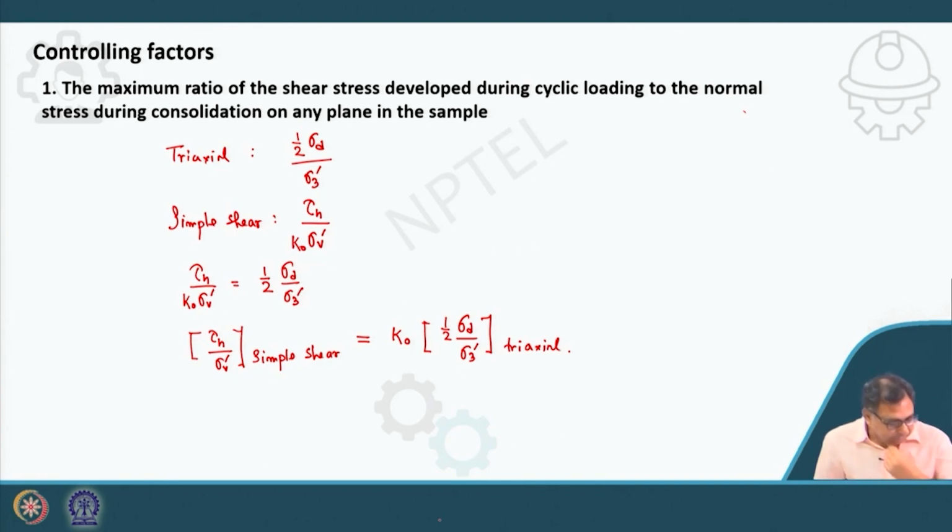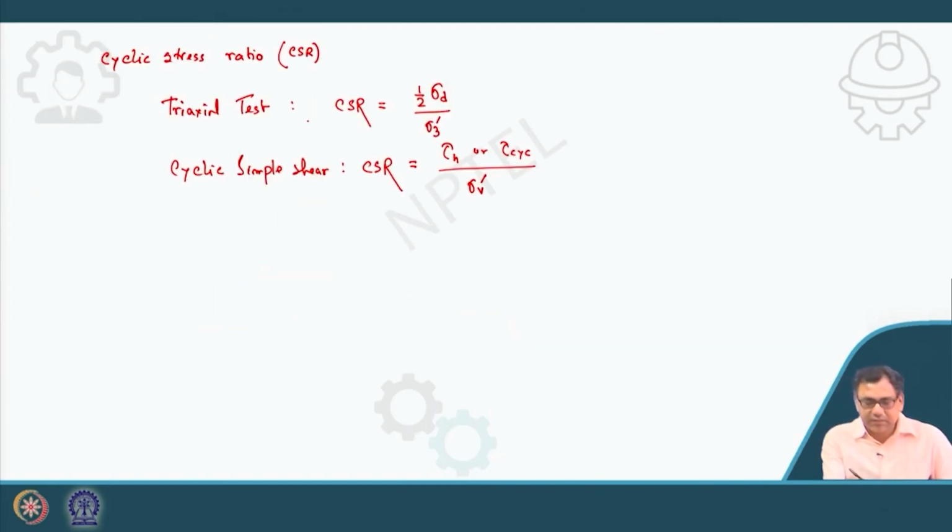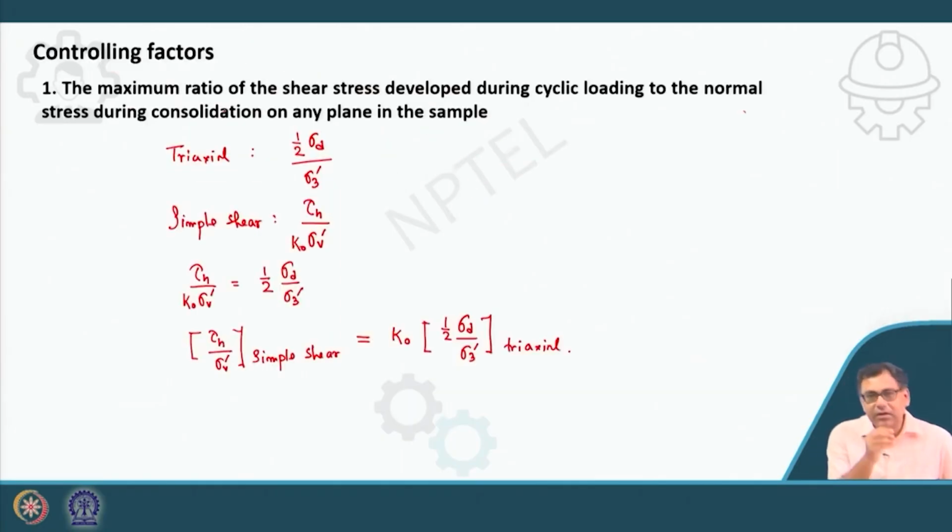Clear? So that means I can correlate these two CSR, the CSR for triaxial and CSR for simple shear, in this way by using the first controlling factor.